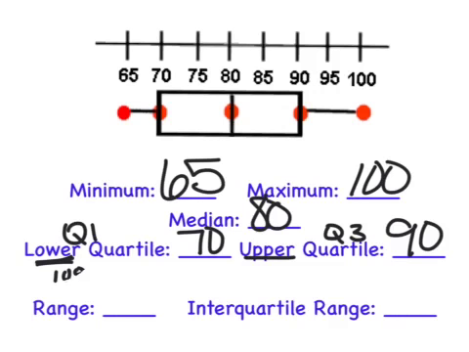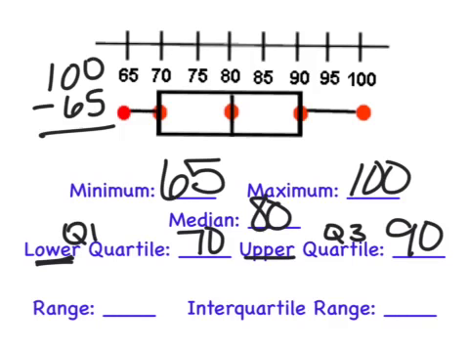I'm not going to have enough room here, so I'm going to come up to the top. 100 minus 65. I can't take 5 away from 0, so I'm going to borrow from this 10 and make it a 9. That makes this a 10. 10 minus 5 is 5, and 9 minus 6 is 3. So my range of the entire problem is 35.